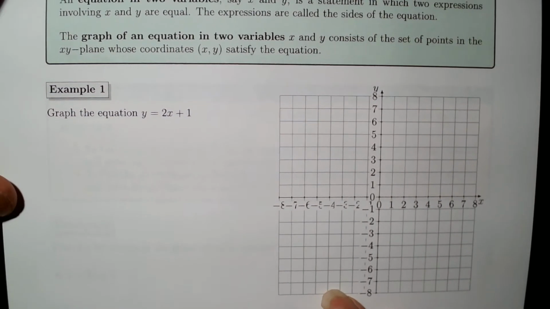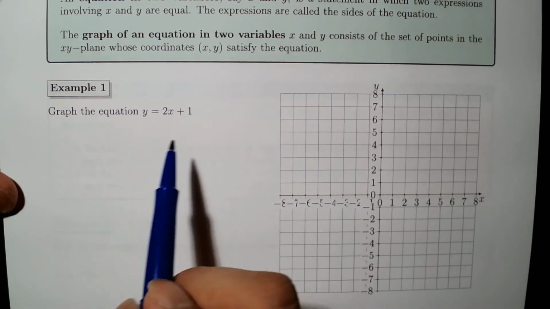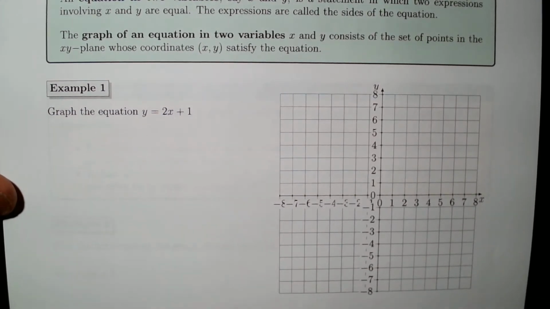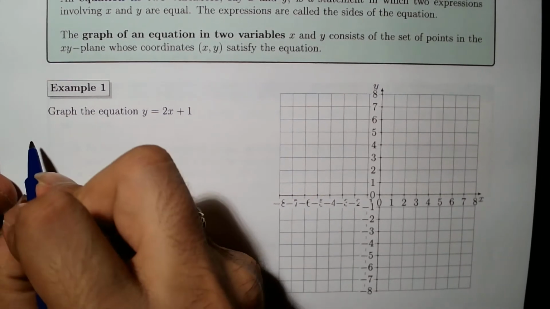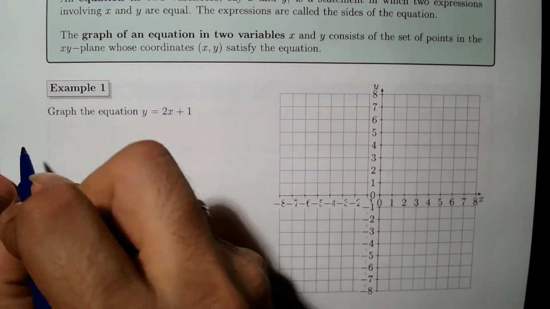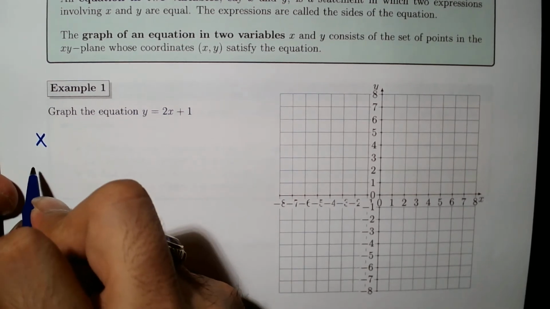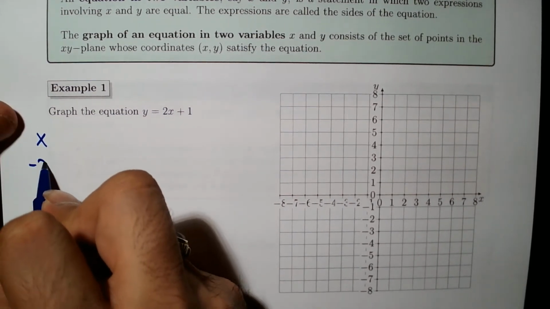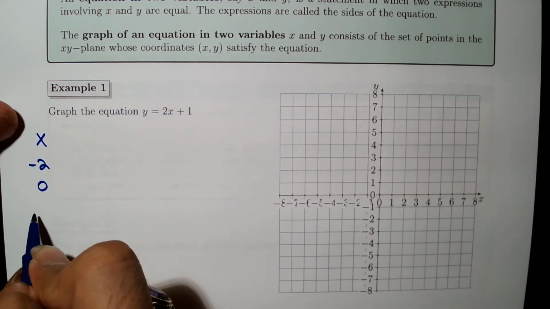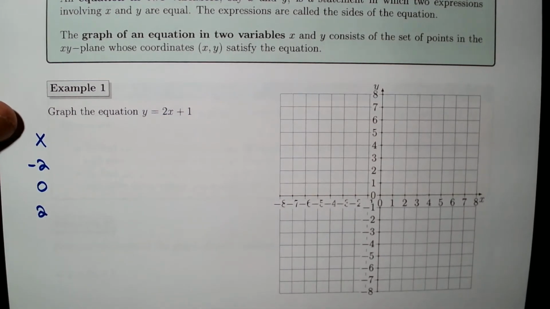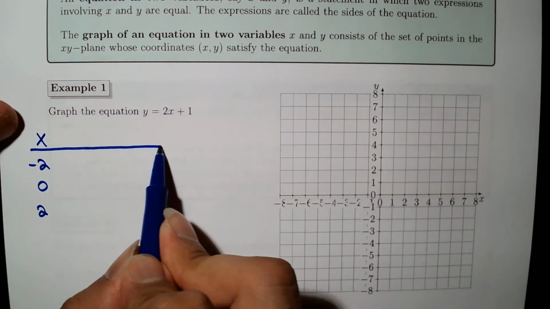I will give you one example: graph the equation y equals 2x plus 1. In this case, you can choose as many points as you want. For example, x equals, say, negative 2, 0, and 2. Maybe those 3 points are enough.